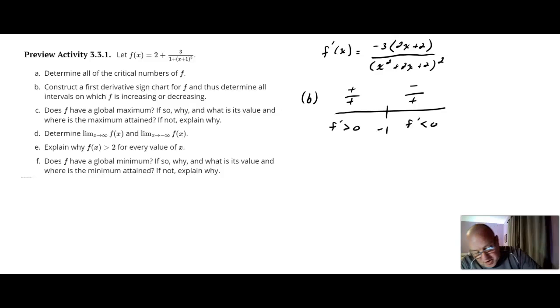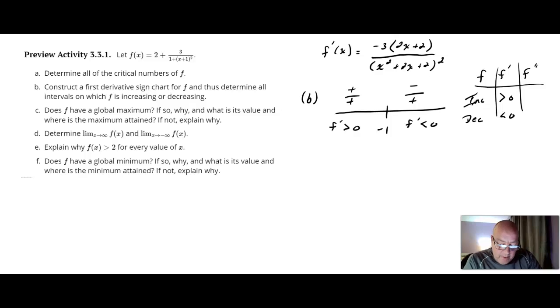So if you think about your chart for a second, what we know is that when f prime is positive, the function is increasing, and when f prime is negative, the function is decreasing.